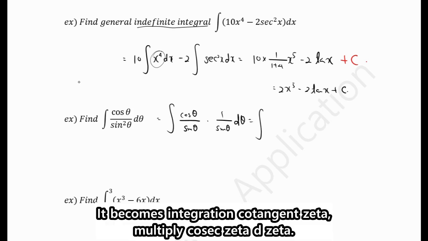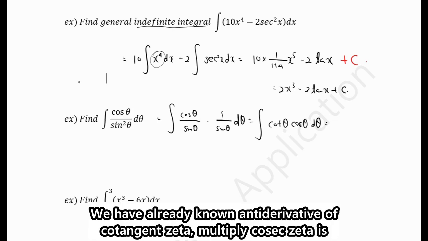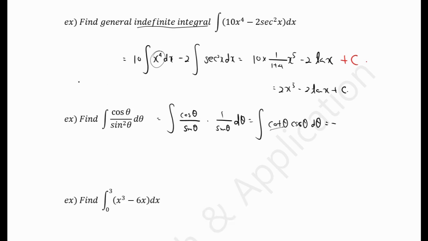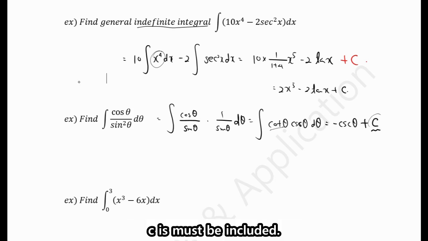It becomes the integral of cotangent theta multiplied by cosec theta d theta. We already know the antiderivative of cotangent theta multiplied by cosec theta is minus cosec theta plus C. C must be included.